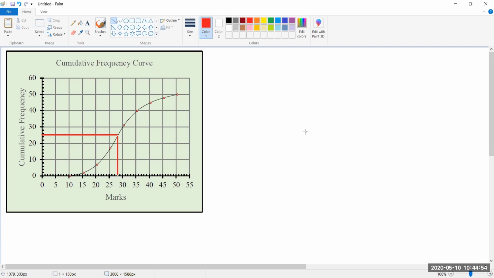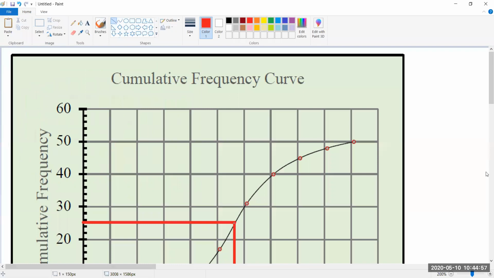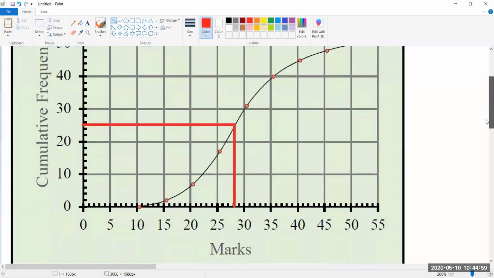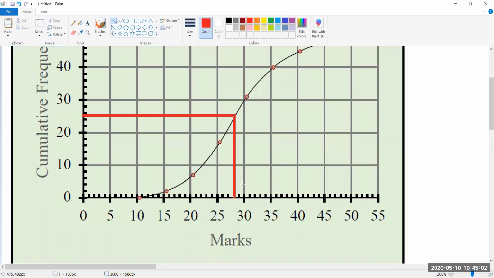So everybody can tell me what is that value there? Let me do it back properly. Somebody say something in the chat. Yes, correct, 27.5.